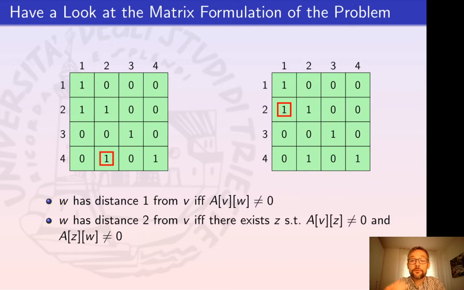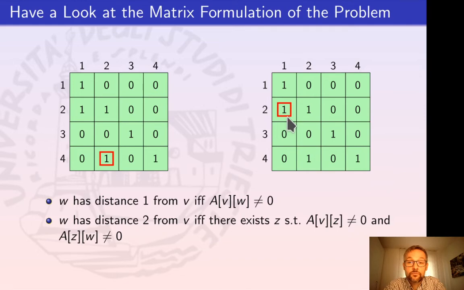And this is enough to guarantee the existence of a path, of course. But from the matrix point of view, this means that we are searching for a column in this matrix such that the element corresponding to the source row and the column we are searching for is different from 0, and the element from the corresponding row to the column we were searching for to the destination column is again different from 0.